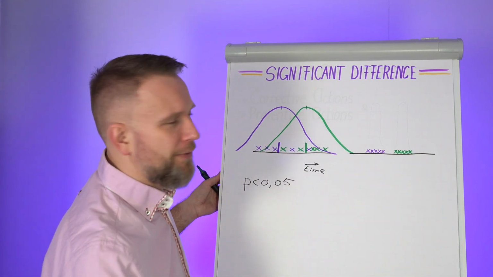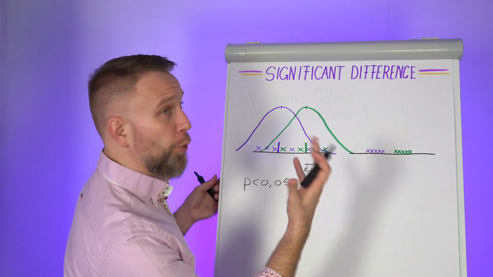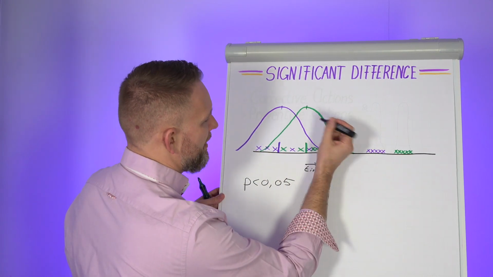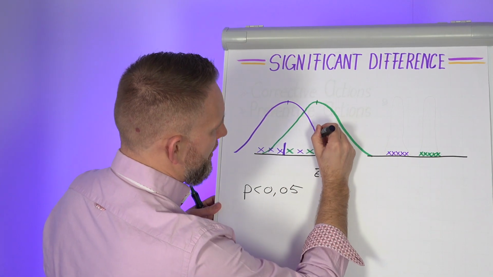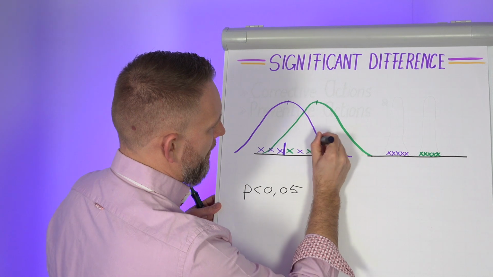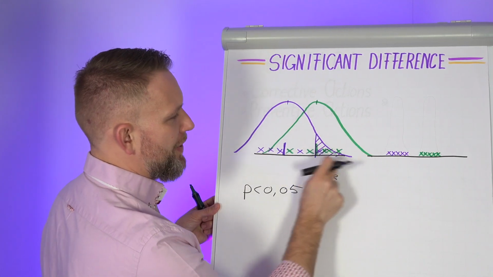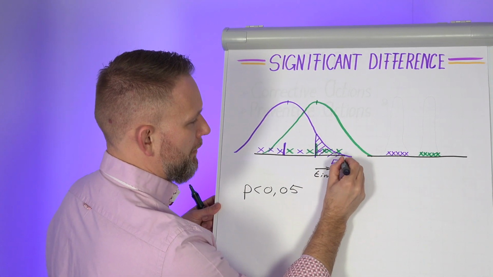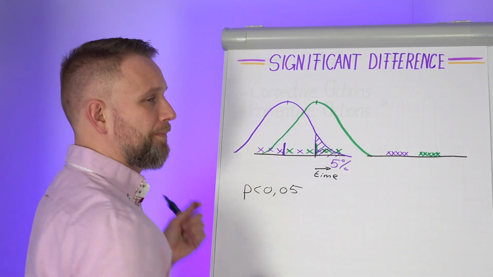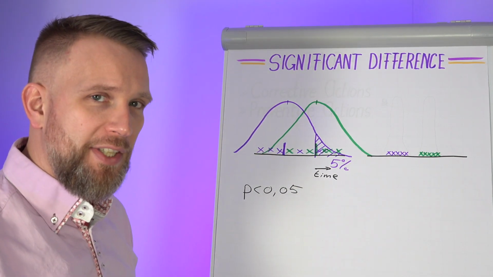But if you do an inverse normal distribution in Excel, you will see that it's somewhere here. There is this 5% of our distribution.